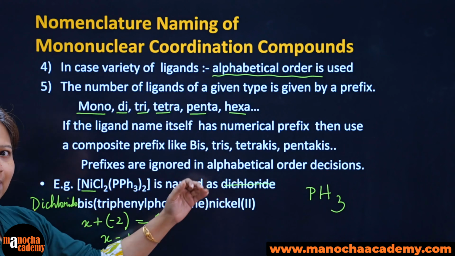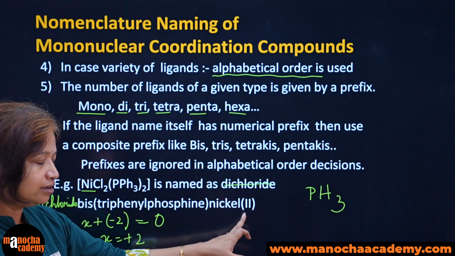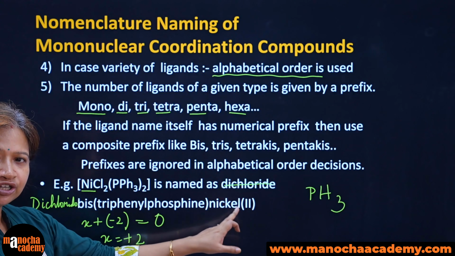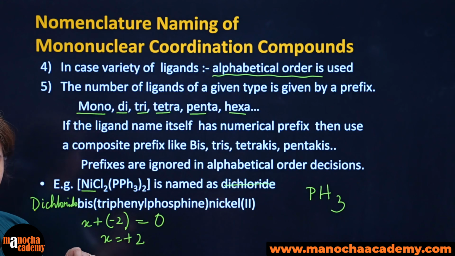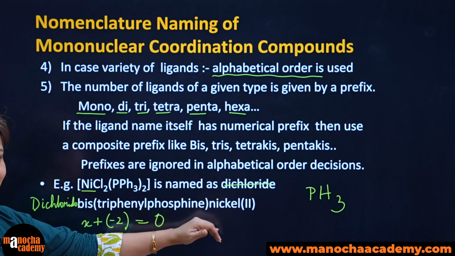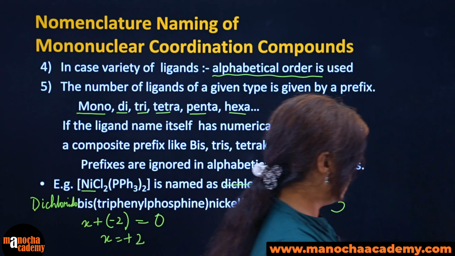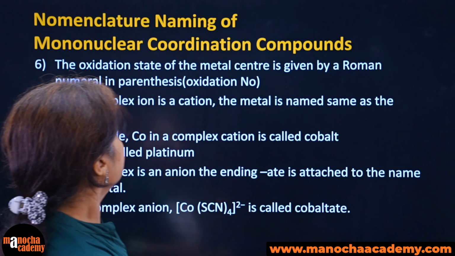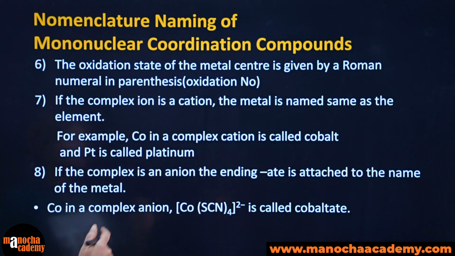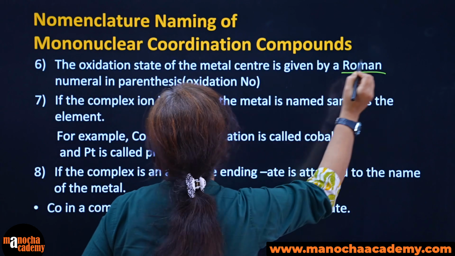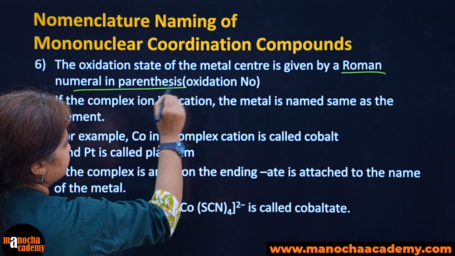After that we name the metal nickel, in parenthesis the oxidation number in Roman numeral. This is the IUPAC name. This is the first example, we have many examples. The oxidation state of the central metal is given in Roman numeral, in parenthesis, as I mentioned already.